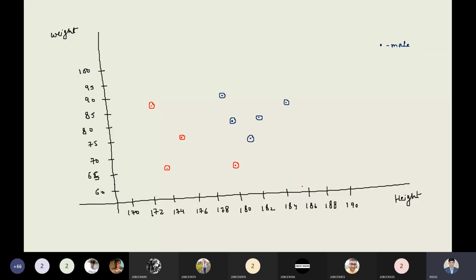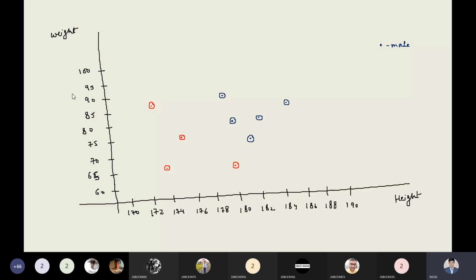So we have got the right position. Let me check once again. This one is in the right position, I think. Yeah. So 185.